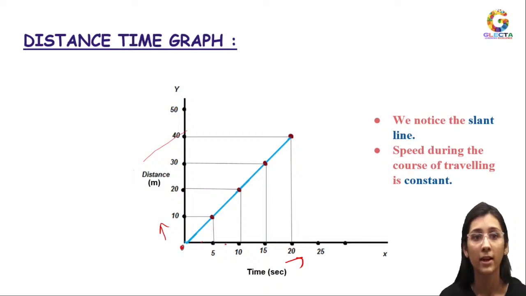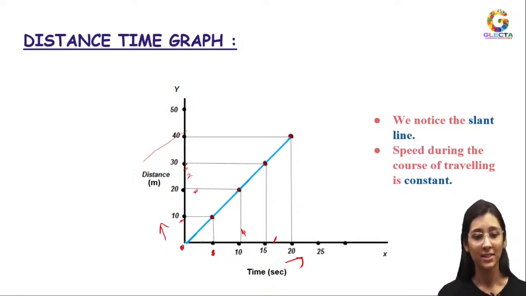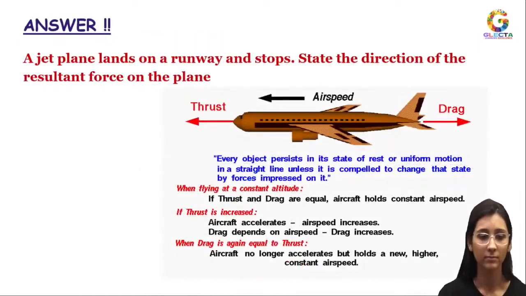In 5 seconds you travel 10 meters of distance. In 10 seconds you travel 20 meters, and over here in 15 seconds you travel 30 meters of distance. Alright, so now you can understand what a distance-time graph is.